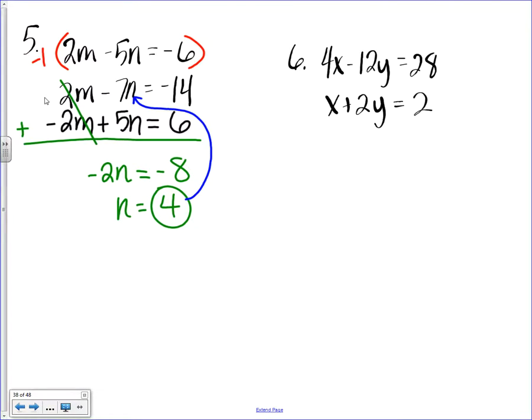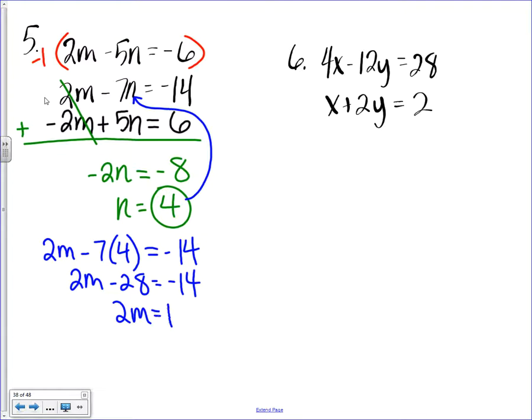Good? 2m minus 7 times 4 is equal to -14. You go ahead and solve that. What's m, folks?